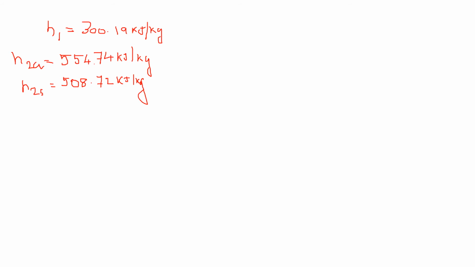Okay, so since we are having a compressor, the isentropic efficiency for the compressor is equal to H2S minus H1 over H2A minus H1. Okay, why did I do that?